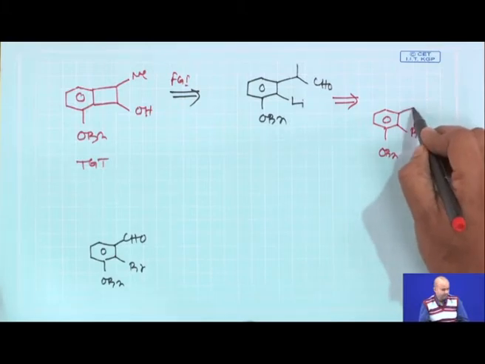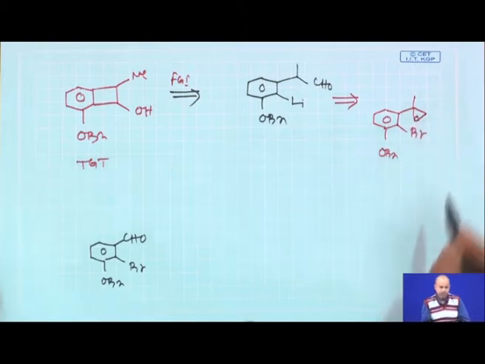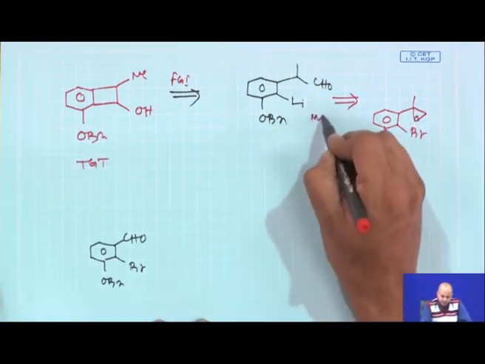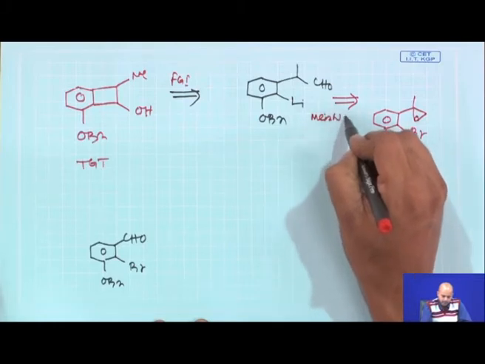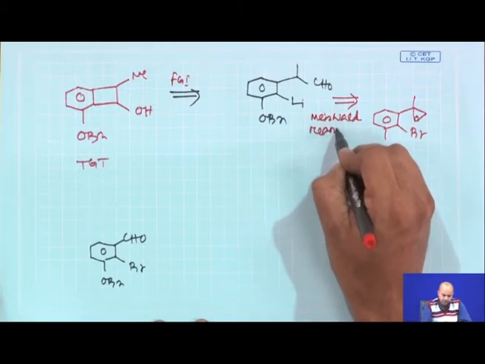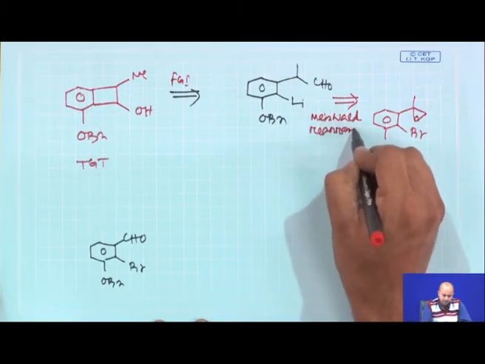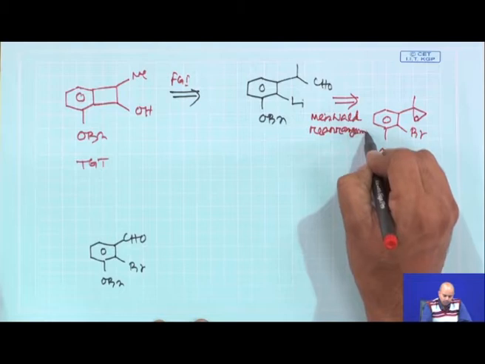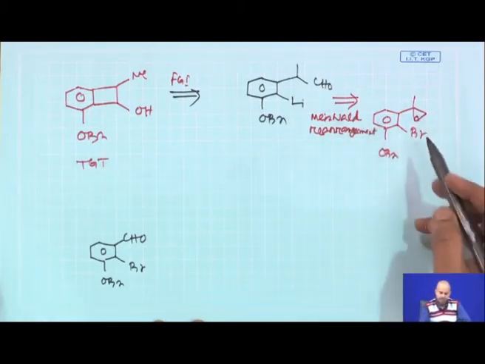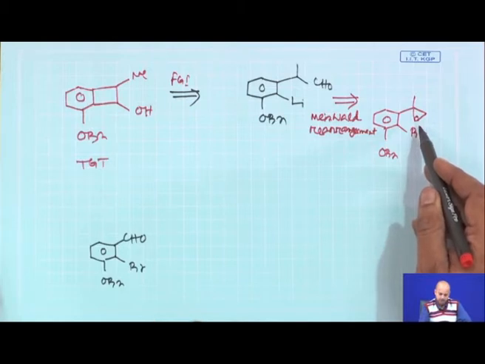Now, here I say if you have this epoxide, you can basically do a Meinwald type of rearrangement, the rearrangement which you have just discussed, that BF3 or Lewis acid mediated semipinacol, pinacolone type of rearrangement will give you this compound. The mechanism probably you are quite familiar with now.